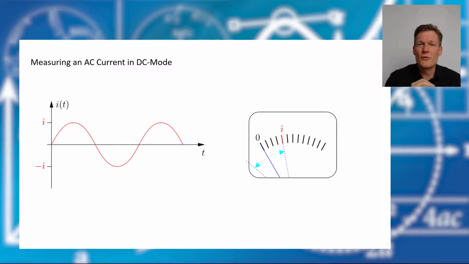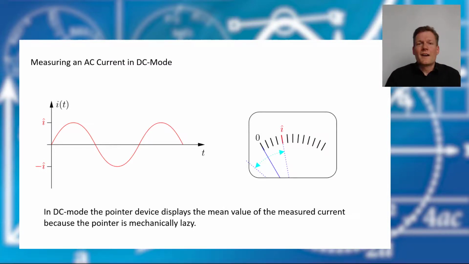It will show 0 volt, and if you touch it, then you might remember that event. Okay, so in DC mode, the pointer device just displays the mean value of the measured current because the pointer is mechanically too lazy.